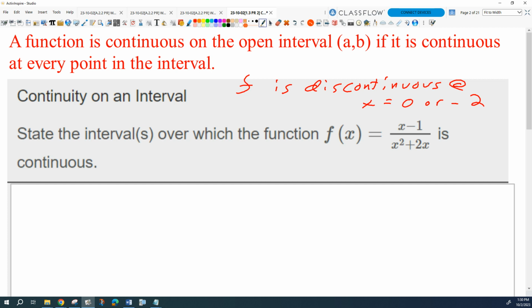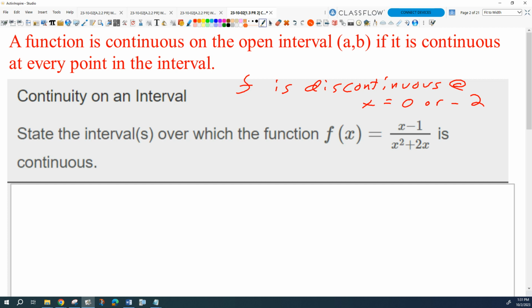So then on what intervals is it continuous? How would we say that? Those are the only two places where it's discontinuous. So what are the intervals where it's continuous? Using interval notation, how about? Everywhere else, right? How do I say every other x value except those?